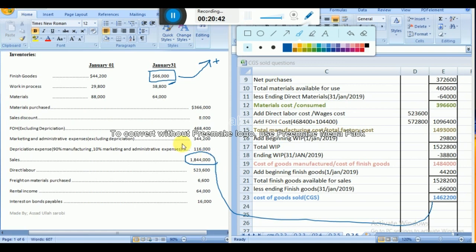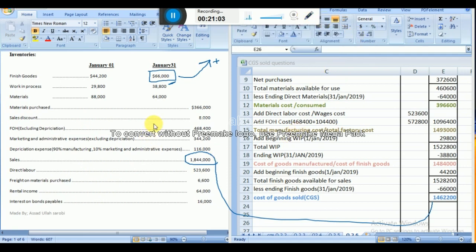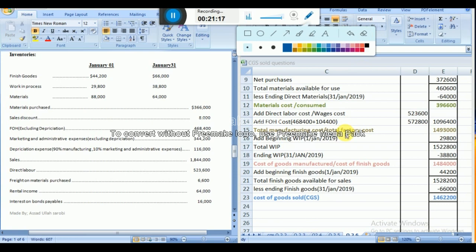Look at it, as data is given, the expenses are also given, sales are also given, sales returns are also given. So what is your homework? Your home assignment is that you should prepare the income statement on the basis of this data. The data is given, so you will also prepare the CGS, cost of goods sold statement. I calculated it. Now you will calculate the income statement.